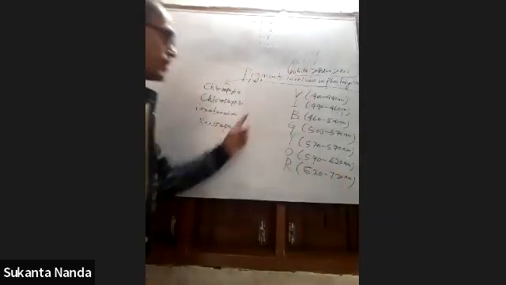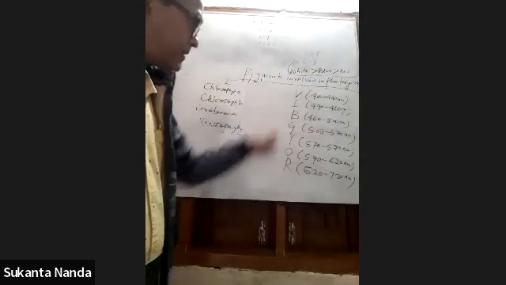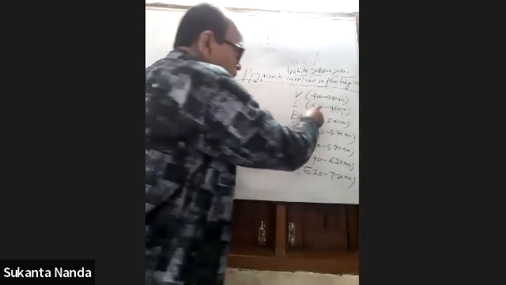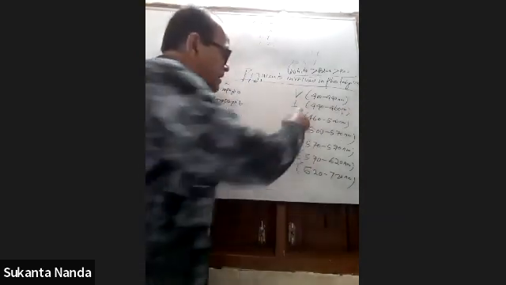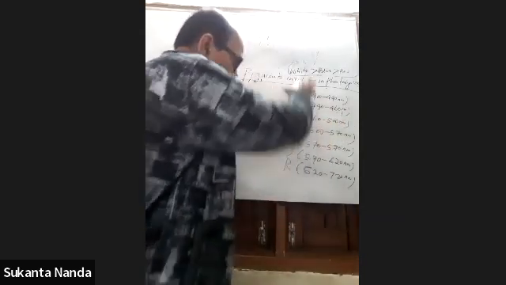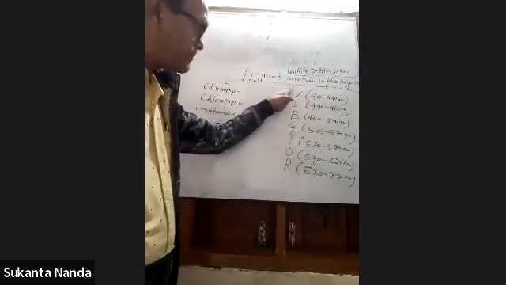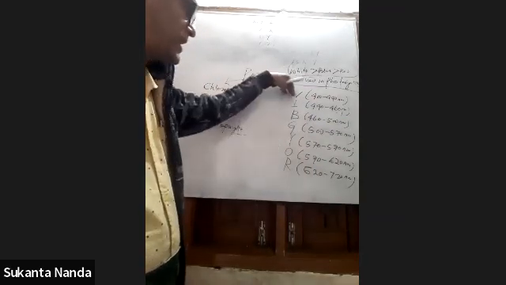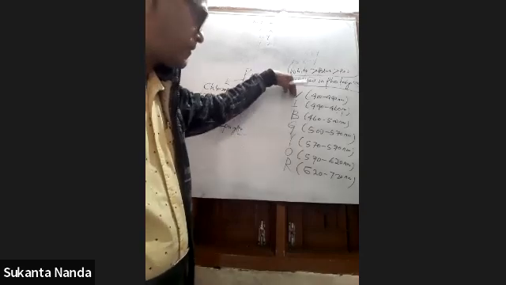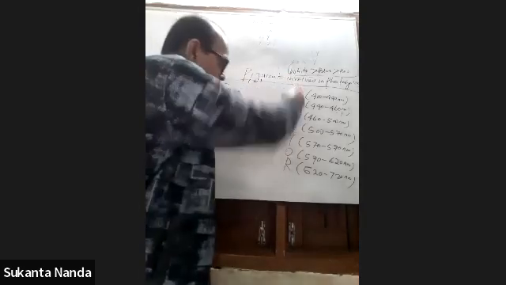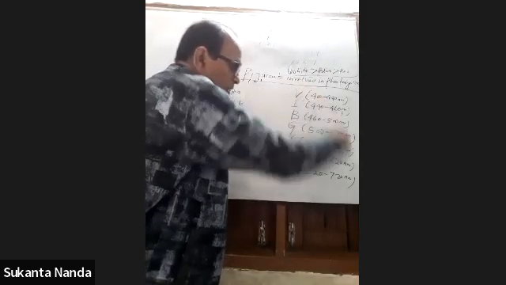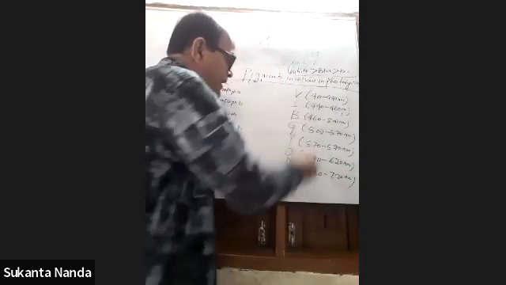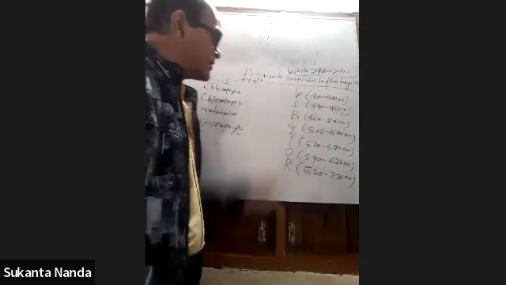So the wavelength goes from violet to red in increasing order, from 400 to 720. If you go from red to violet, it is in decreasing order. You have to remember that.